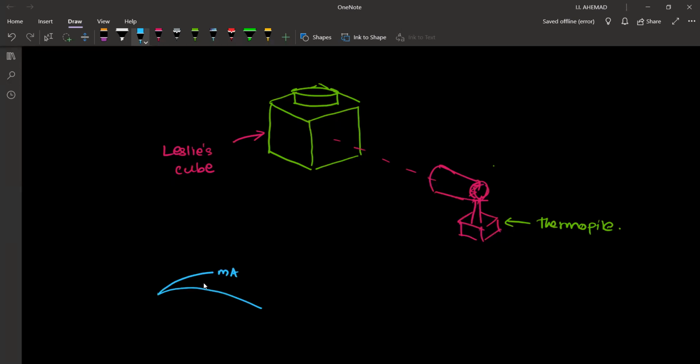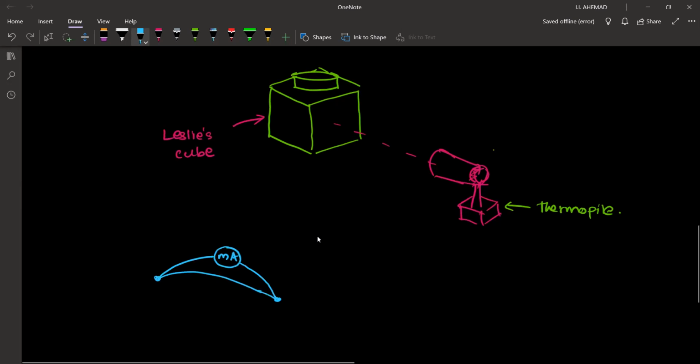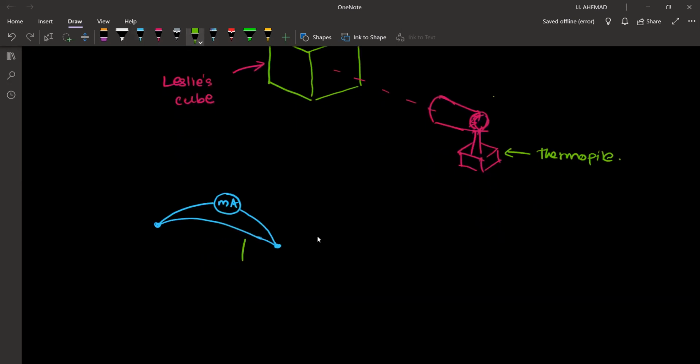Let's take the first one as wire A, and this is wire B. They are made up of two different wires, wire A and wire B, and we have two junctions. This is a junction and this is another junction.